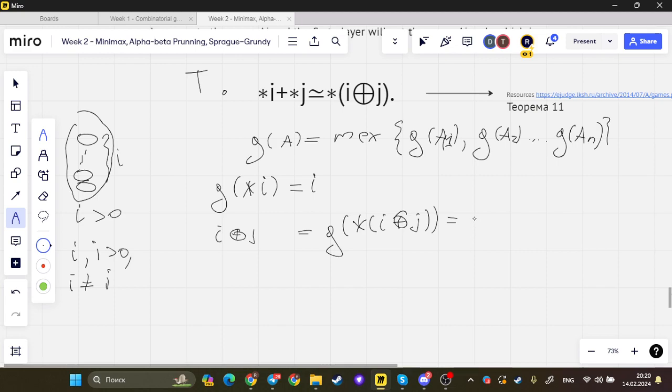And we need to prove that this equals G, E plus G. Okay, and this equals what?